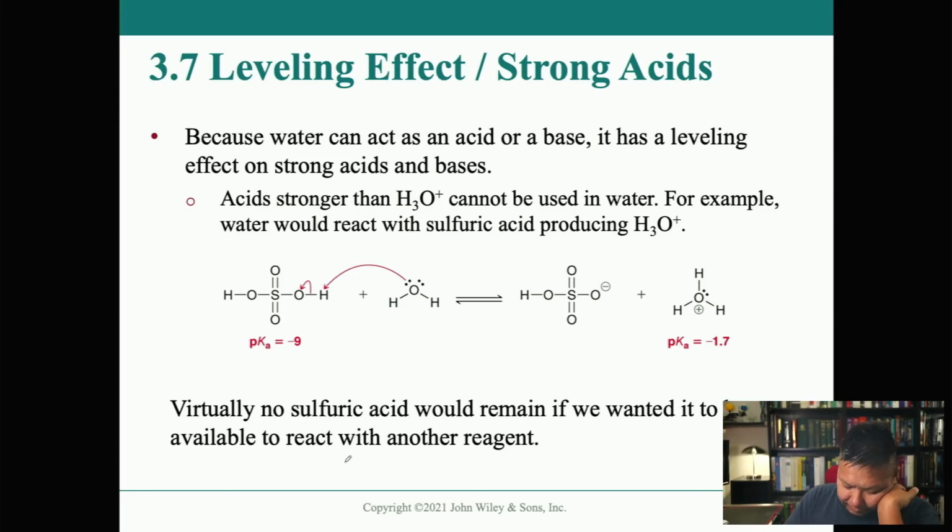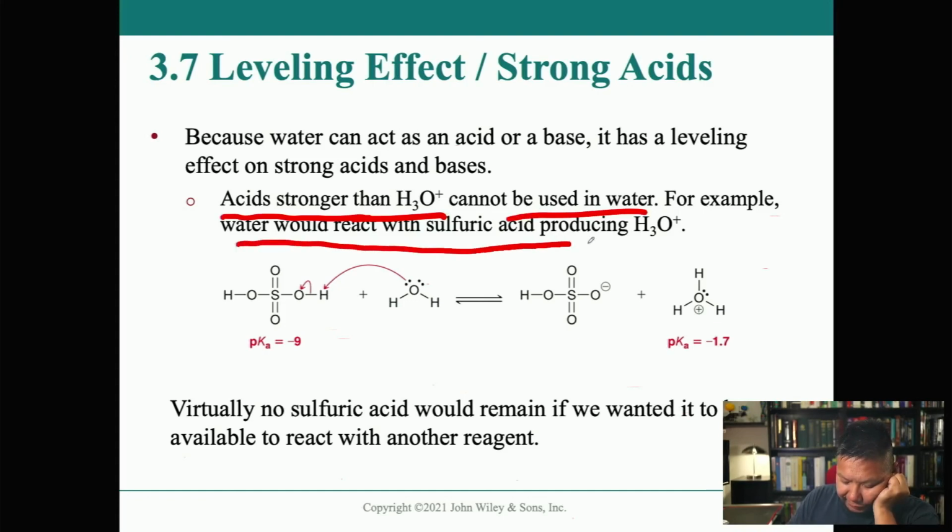So acids that are stronger than H3O+ can't be used in water, right? We were just talking about bases. Now let's talk about the acids. So for example, water would react with sulfuric acid producing H3O+ here, right? This time, water is the base, okay?